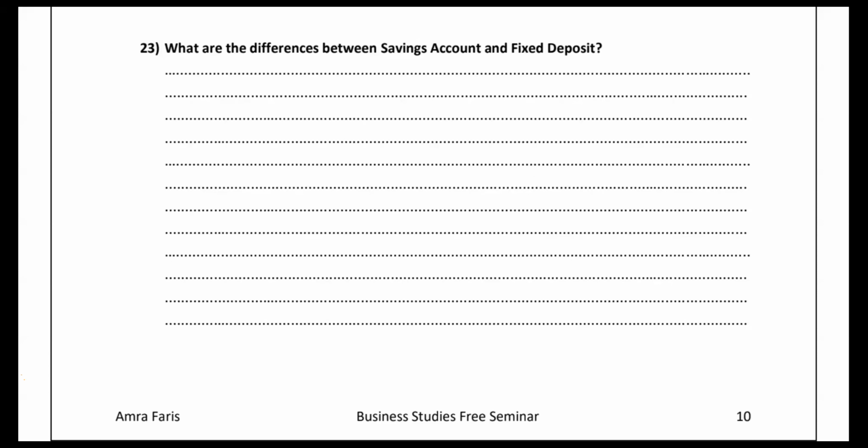And for a savings account, the fourth one is you can withdraw anytime. Write it down: can withdraw at any time. And the next one is you can withdraw only at maturity. I told you, even if you withdraw before that, you have to face some consequences.